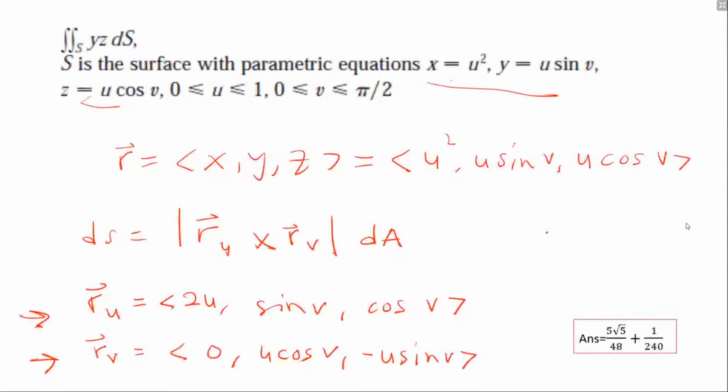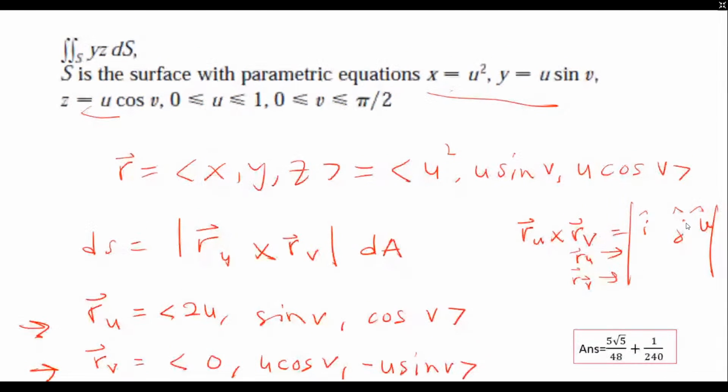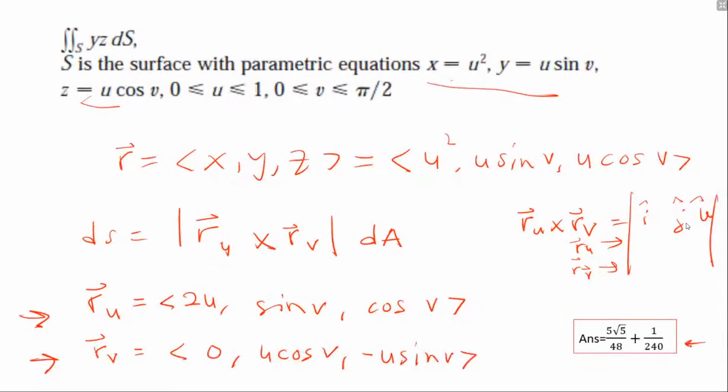You put these into the matrix: the first row is i, j, k, the second row is R_u, and the third row is the entries of R_v. You should get the final answer equivalent to 5 square root 5 over 48 plus 1 over 240.